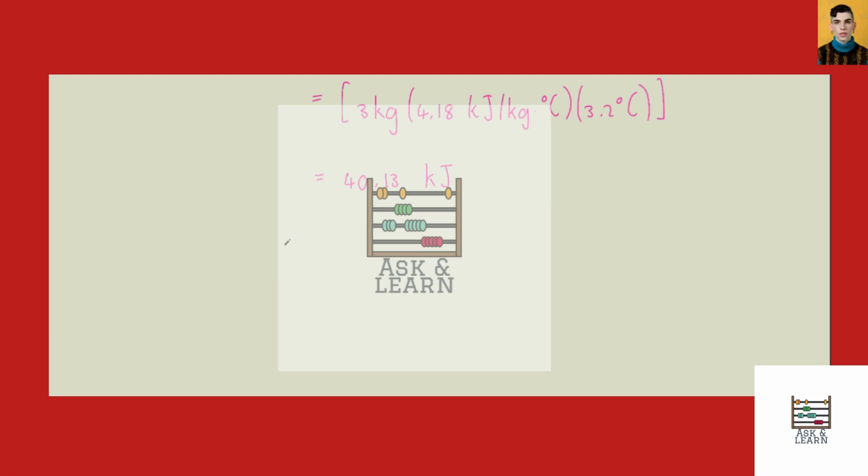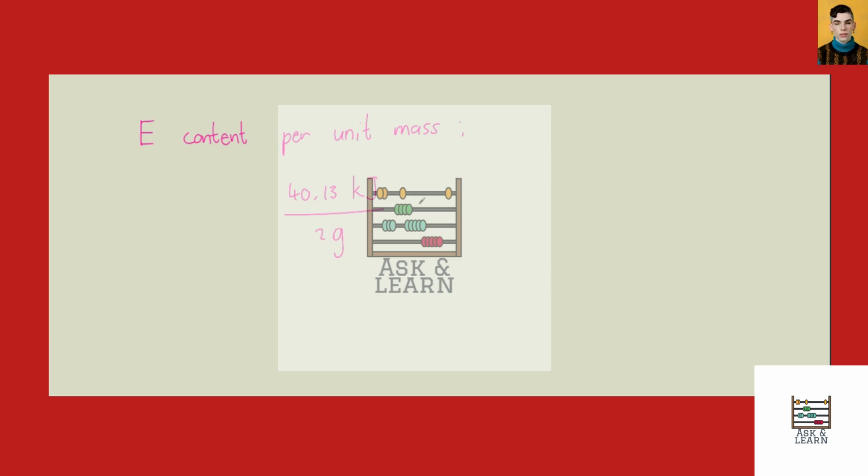So the energy content of the food per unit mass we'll calculate as follows. This is 40.13 kilojoules for every 2 grams of mass of the food, and we'll convert the grams into kilograms.